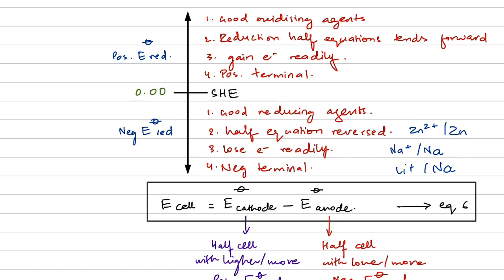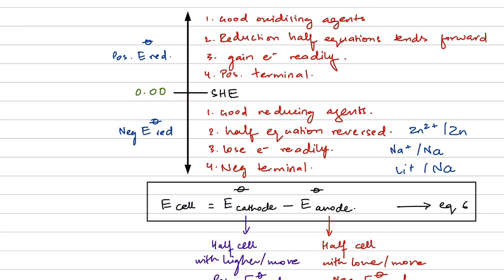If something has a positive reduction value, it means it's a very good oxidizing agent. It will readily gain electrons. It makes sure the reduction half equation proceeds in the forward direction, which means reduction actually happens. These species gain electrons very readily. Since they are gaining electrons, they try to become the positive terminal.